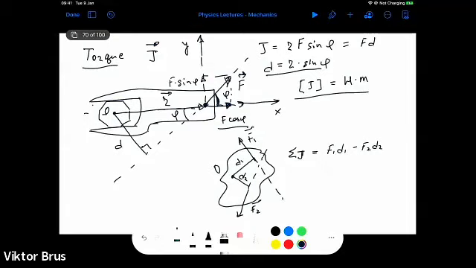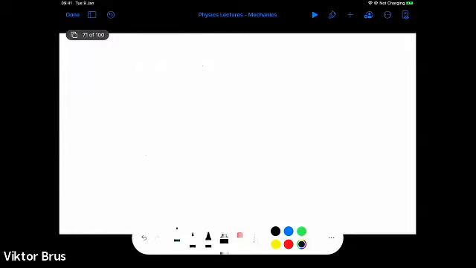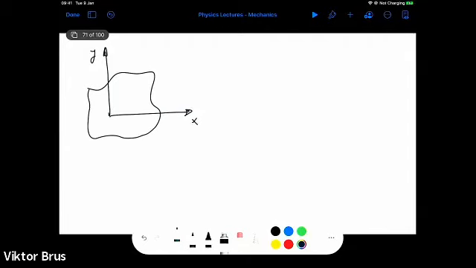Okay, so let us consider a rigid body with some net torque applied to it. Go further and consider such a system. We have X and Y, some rigid body.